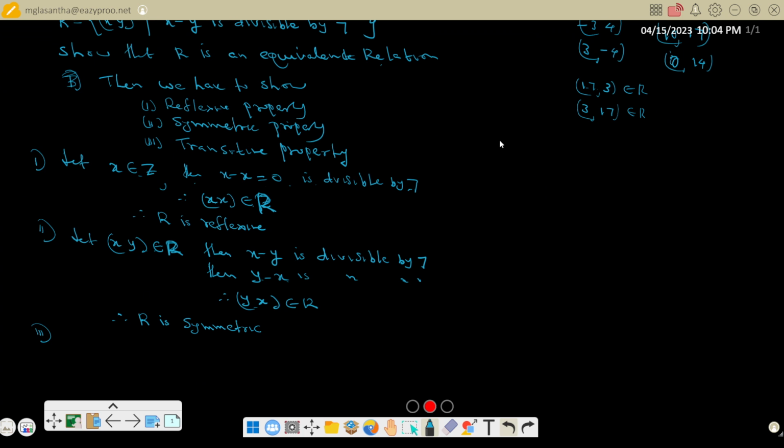What is the transitive property? Can you remember? If (a, b) belongs to R and (b, c) belongs to R, and these two are true, then this implies (a, c) belongs to R. So that's the transitive property.